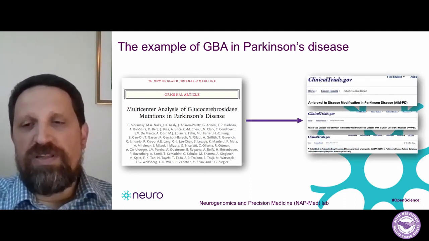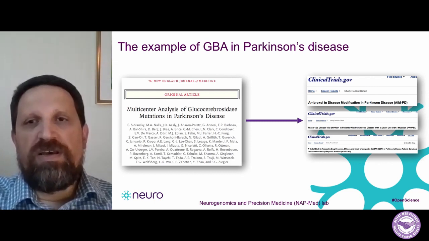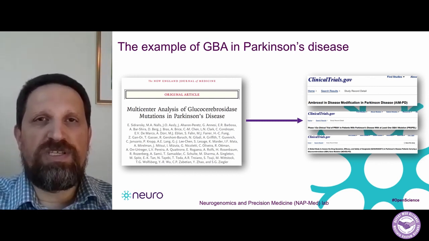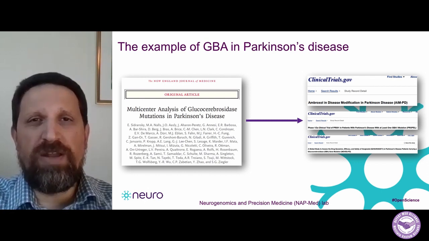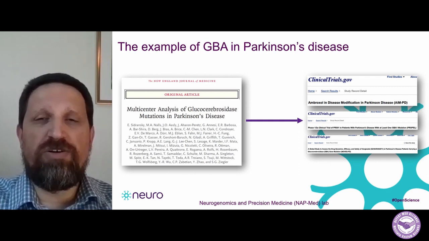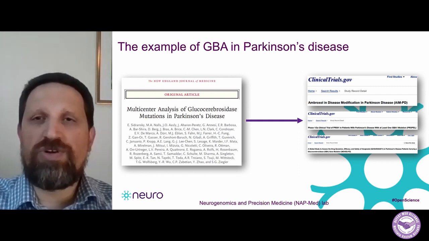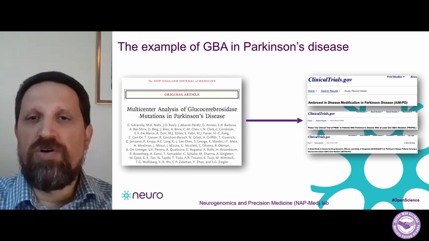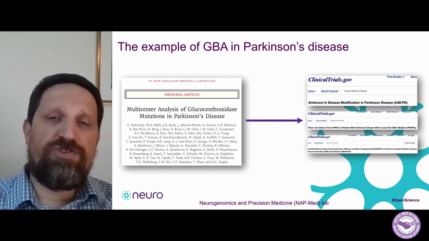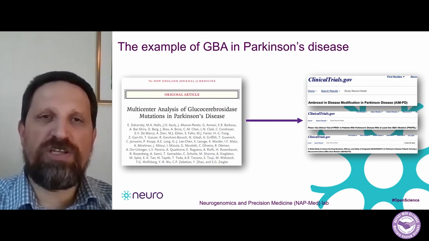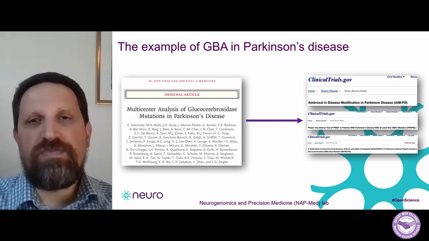In the last 17 years since, there have been many studies on the biology of GBA in Parkinson's disease, the mechanisms, and we still don't understand it fully. But currently, as we speak, there are already several clinical trials that are specifically targeting individuals with Parkinson's disease who have GBA mutations, and the drugs that they are being given are drugs that specifically target this gene.